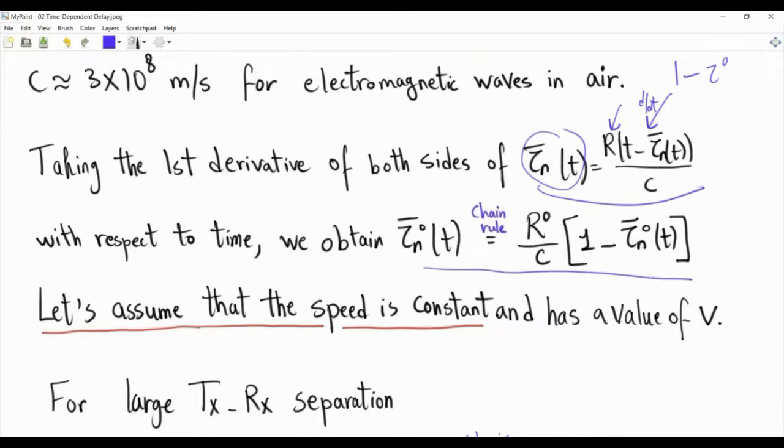This is the chain rule, nothing else. Now we need to talk about r dot. r dot is the rate of change of distance, the rate of change of separation, so it is related to speed, to velocity.